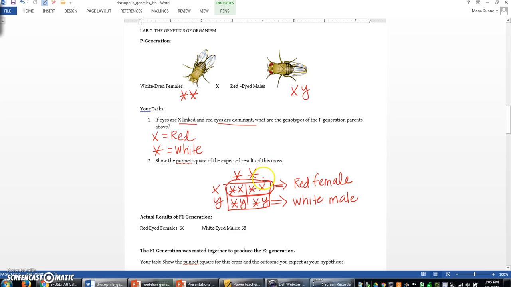So you guys should have gotten this here. And so let's see if the data actually matches. Yes, 56 and 58, because we would roughly expect a 1-to-1 ratio of those two, and we actually do see that pretty closely. So that's all good.